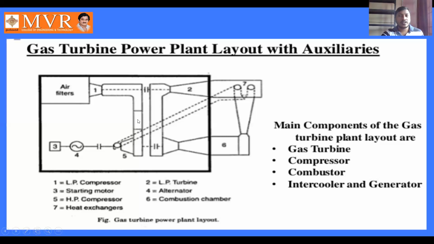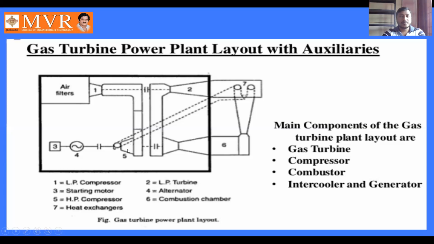Why are we using the intercooler? For improving the efficiency of the plant, we cool the air which is coming from the low pressure compressor with high temperature and pressure, and then it enters into the high pressure compressor.